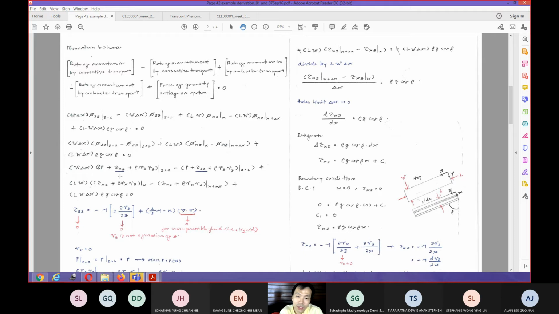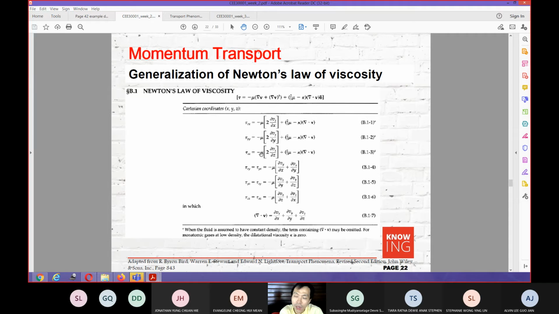So we have not figured out what this tau ZZ is. Go back to your cylindrical coordinates and the equations, and put in this tau ZZ. You see that the second term in here will become 0 because we are dealing with an incompressible liquid. This is simply a flow of a liquid down an inclined flat plate of length L and width W, right? So this one will be equal to 0, and you only need to deal with this one. And this term will be equal to 0 because your velocity in the z direction is not a function of z.